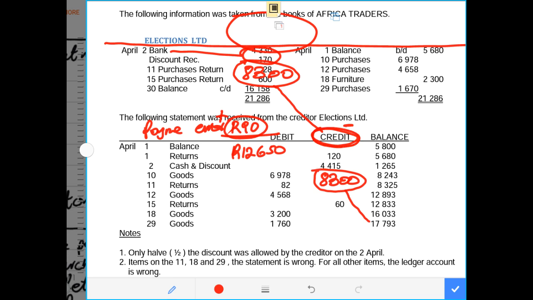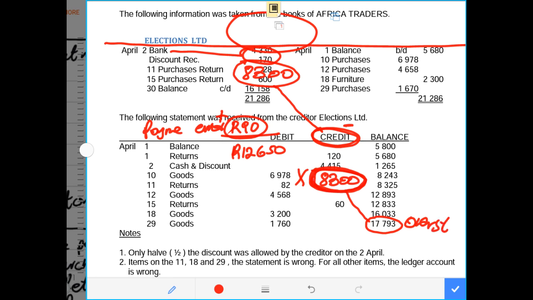So they did not reduce their debtors on their credit side. They said both the payment and the discount do not appear in the statement. So this amount is not here, meaning this balance will be overstated because it was not reduced by the amount it was supposed to be reduced by.